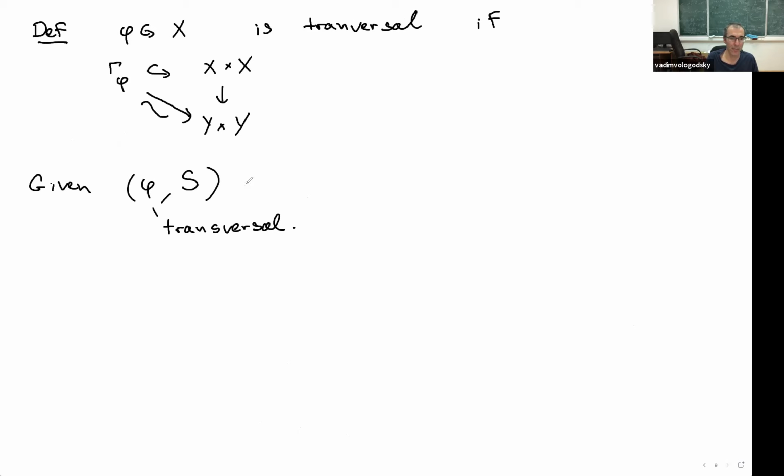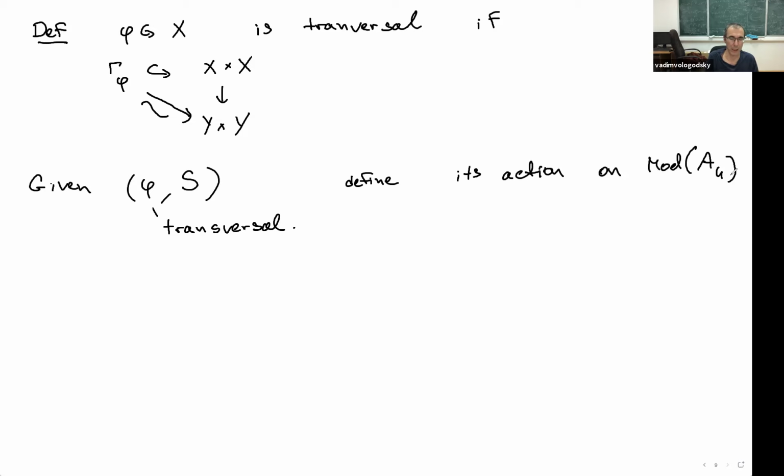And so given an element, we want to construct its action on the category of A_H modules. So define its action on modules over A sub H.